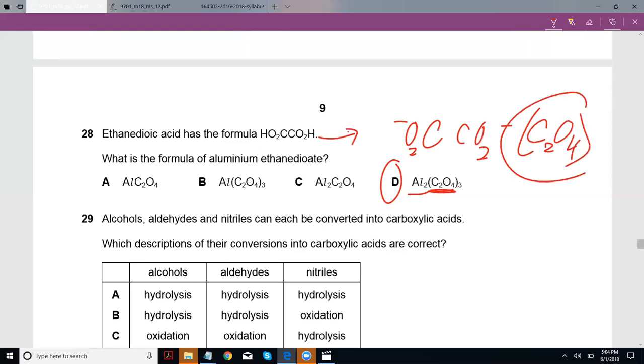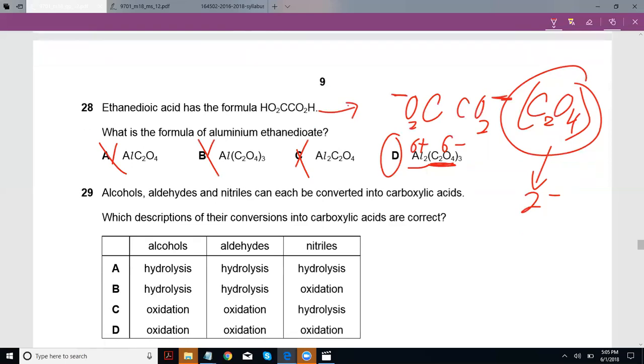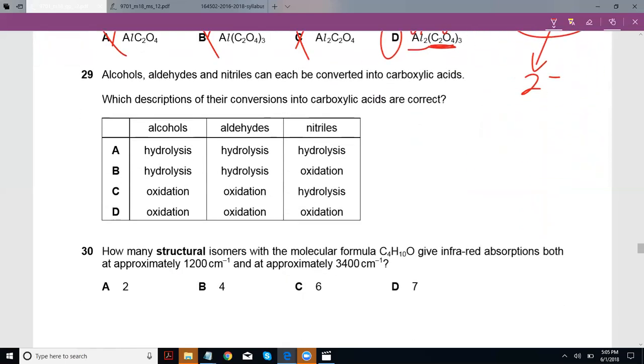But remember, this particular thing has 2 negatives, because negative from here, negative from here. So now if you write 2 negative inside, this is multiplied by 3, which gives you 6 negative. And aluminum is 3 positive times 2, which is also 6 positive. And this is the only one that makes sense. These all wouldn't balance out. So you can cross them, you can just go with D. So that's another way you can look at it.